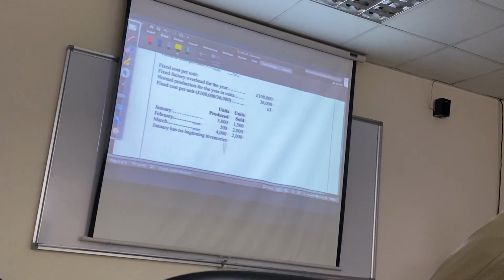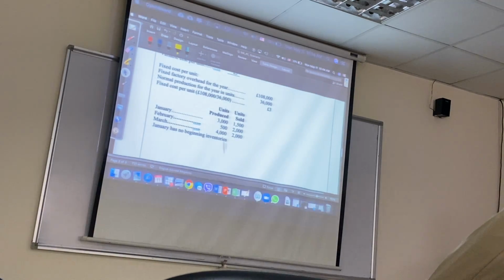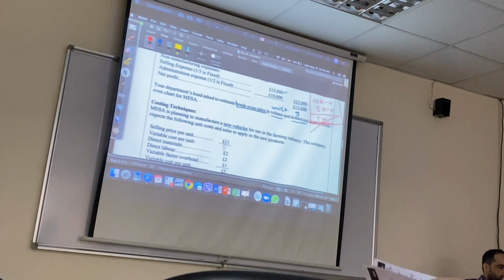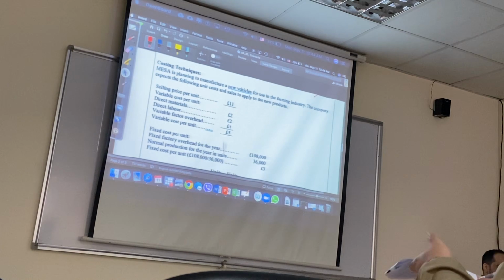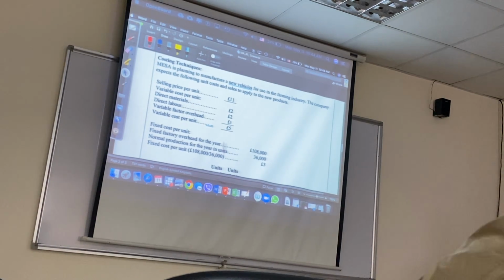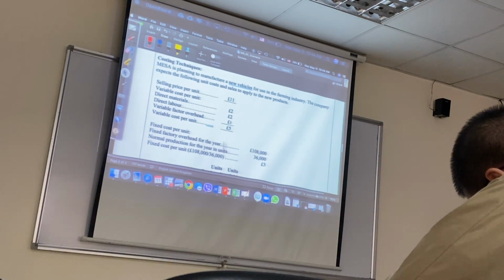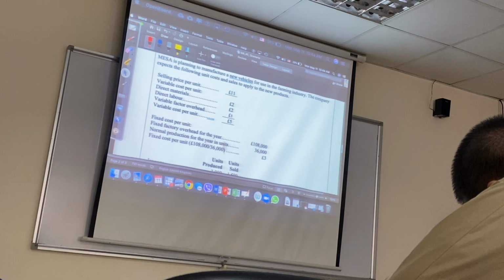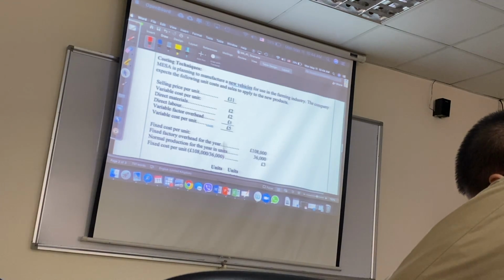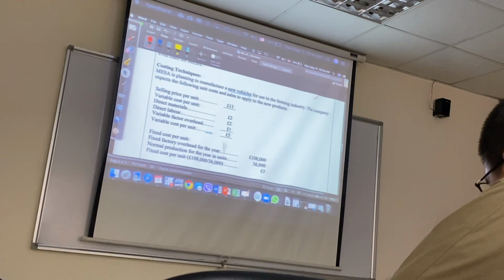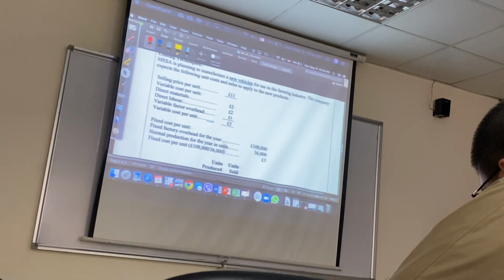So now we move on to your assignment. So here is your costing techniques. So we start with absorption and then we will do margin.